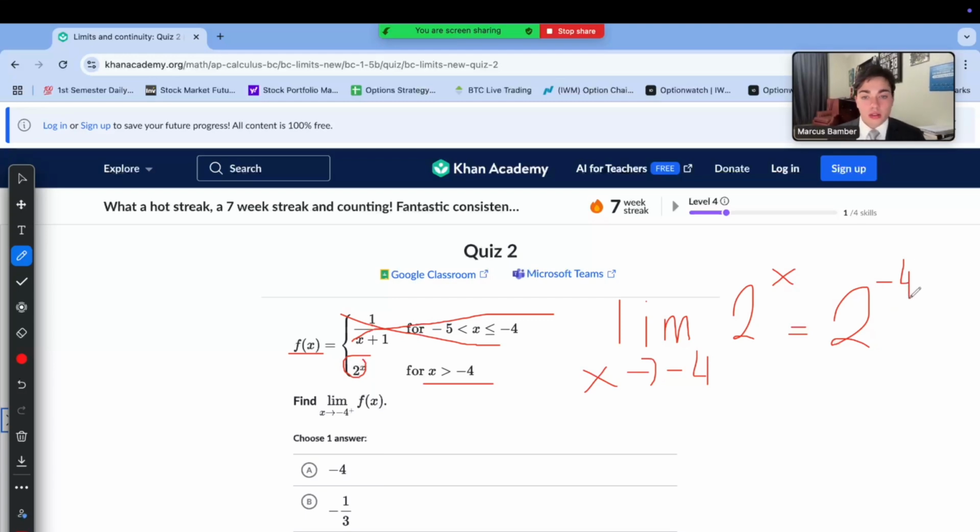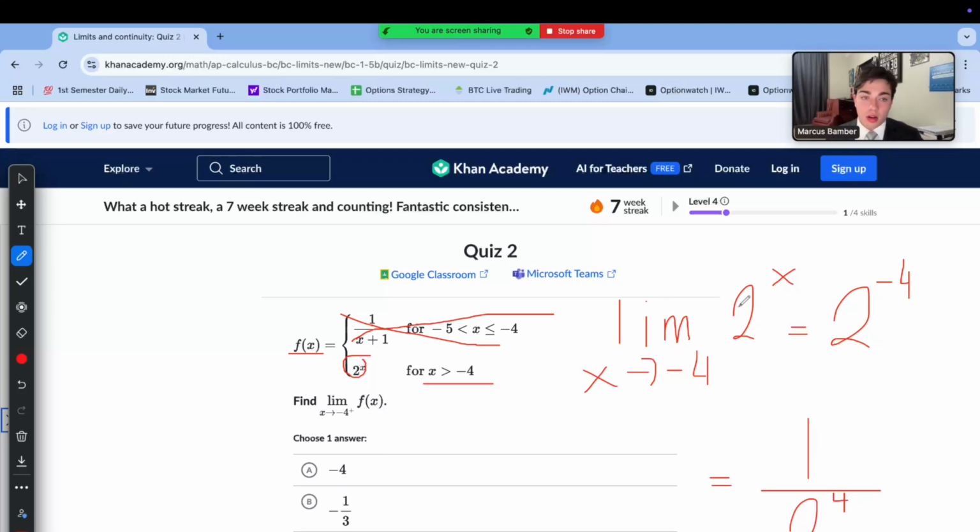If you do not know how to solve this expression right here, highly recommend you refresh upon the rules of exponents, because to get rid of the negative exponent, we simply move the expression to the denominator. So now we have 1 divided by 2 to the power of +4. Then we solve out 2 to the power 4, which is equal to 16.